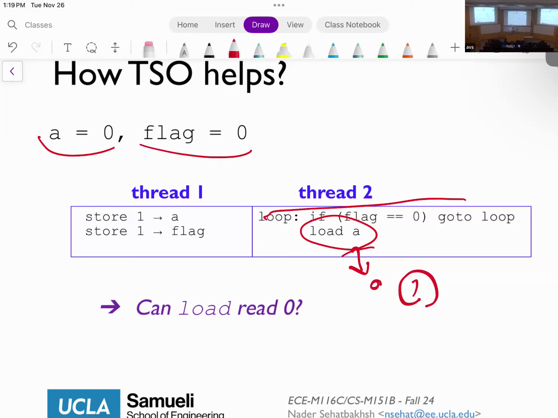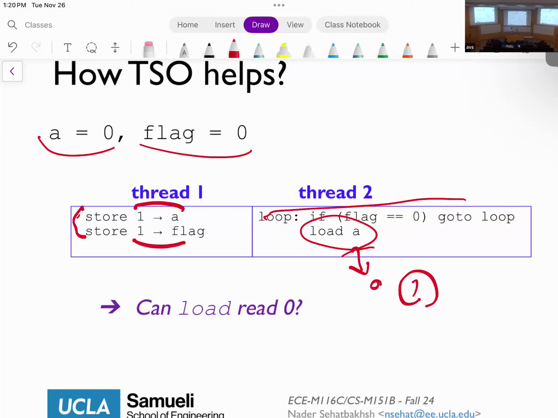Say we didn't have TSO and had all the possible reorderings, versus when we have TSO. What do you think will happen? If I can guarantee that these two stores happen in order, then when flag is equal to 1, it is guaranteed that A is already equal to 1.